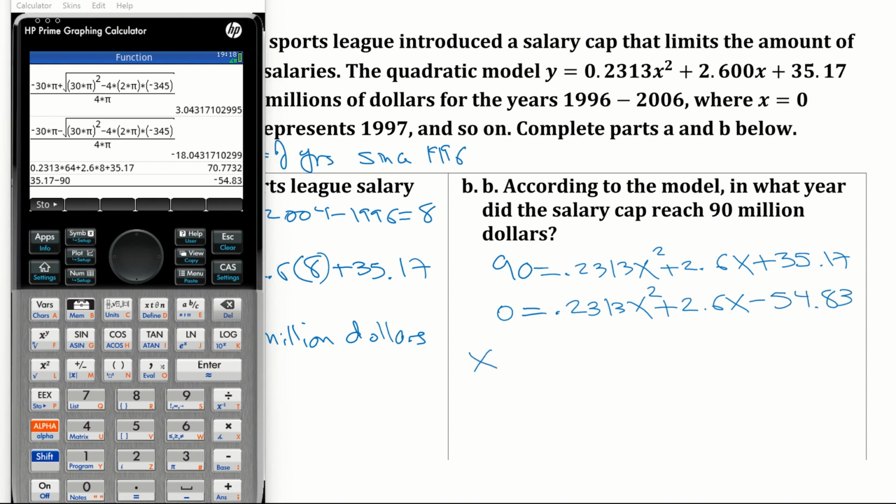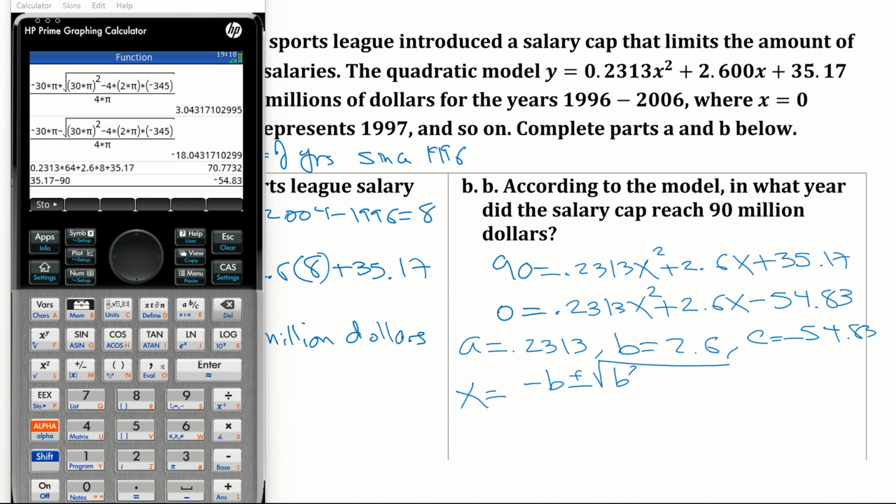So by the quadratic formula, let's see what A, B, and C are. A is 0.2313, B is 2.6, and C is negative 54.83. So X is going to be negative b plus or minus square root of b squared minus 4ac over 2a. Always write the general formula down, then substitute.